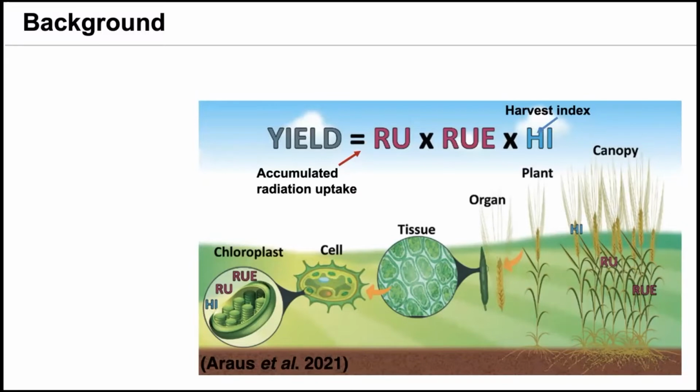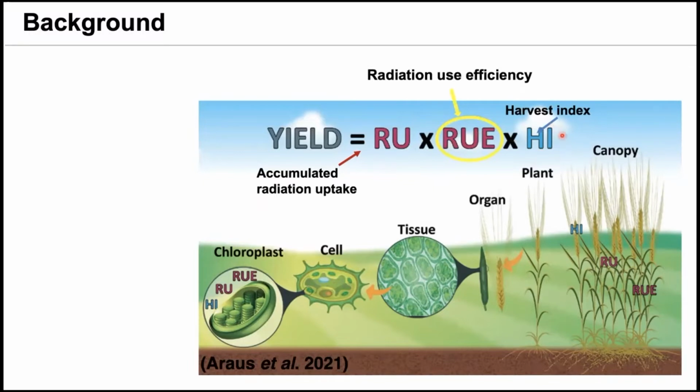As we know, increasing yield is still one of the most important topics in agriculture to make sure the food safety, because of the increasing demand of food globally. And as we know, yield can be broken down into accumulated radiation uptake, radiation use efficiency, and harvest index.